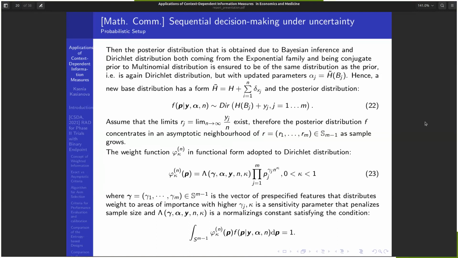Next, we have derived the weights function in the functional form adapted to the Dirichlet distribution, which can be seen in formula 23.